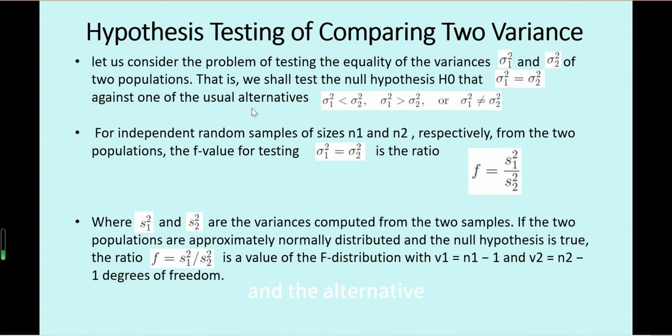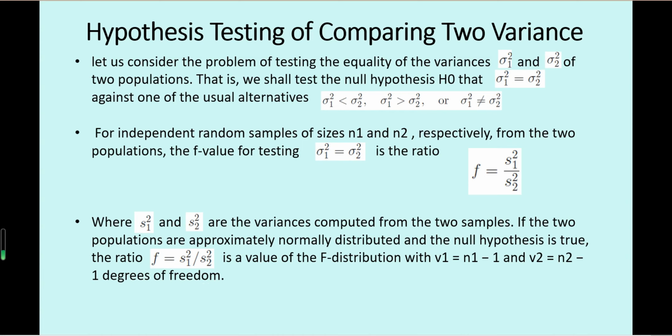And the alternative hypothesis, if it is a one-sided test, will be either sigma 1 square less than sigma 2 square or sigma 1 square larger than sigma 2 square. If it is a two-sided test, the alternative hypothesis H1 is sigma 1 square not equal to sigma 2 square.